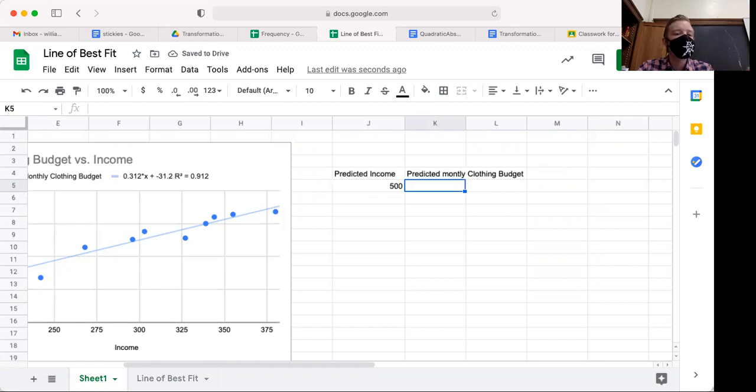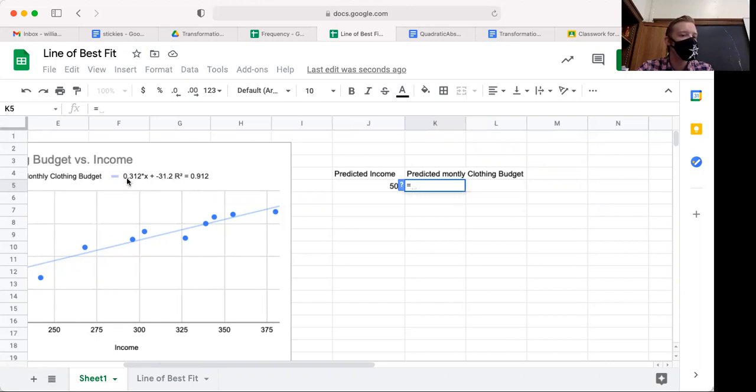And now I need to write a formula based on this equation that I got from my graph right there. So I know that all of my formulas have to start with what? An equal sign. So I'm going to start with an equal sign, and then I'm basically going to type in exactly what I have right here.